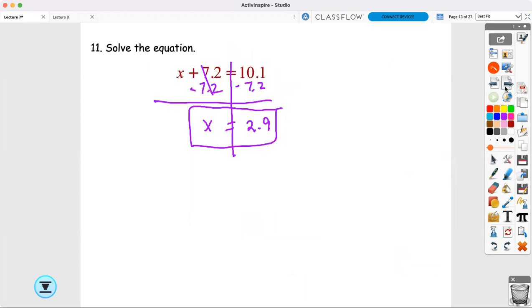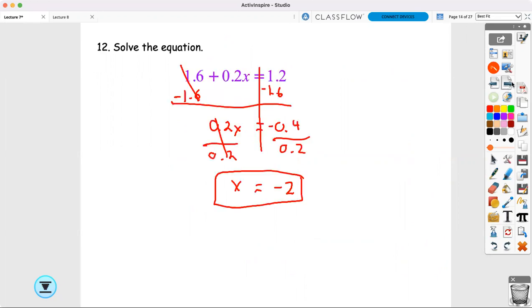Here is 11 again. Give you a few moments to take a picture of that or screenshot. And then 12, last but not least.